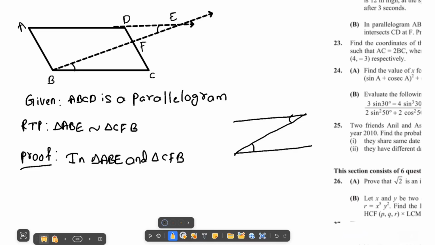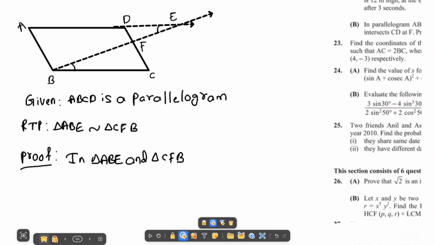So how can we write? Angle AEB or BEA. Angle BEA in triangle ABE is equal to angle CBF in triangle CFB.